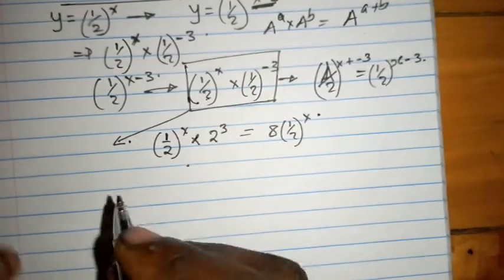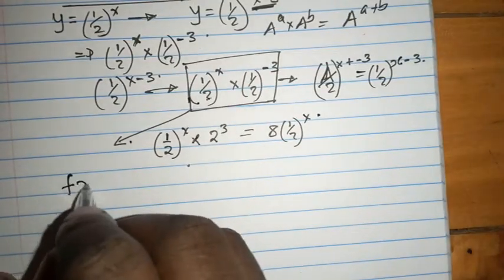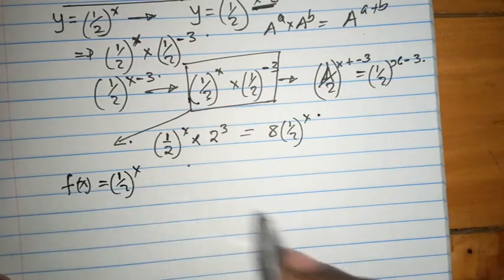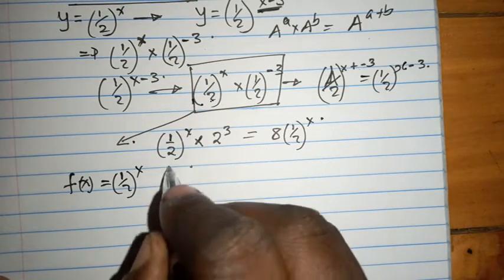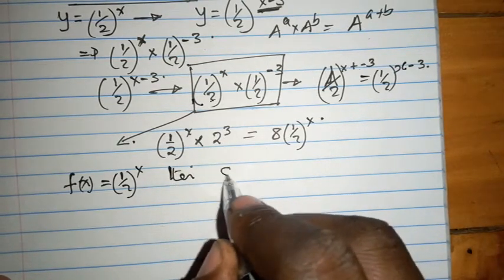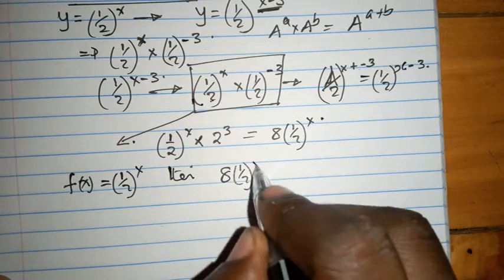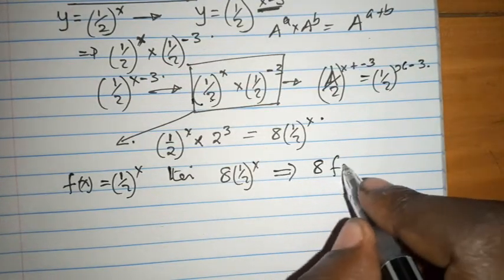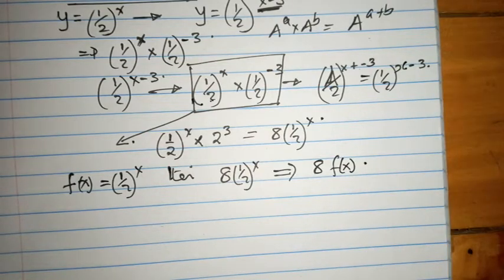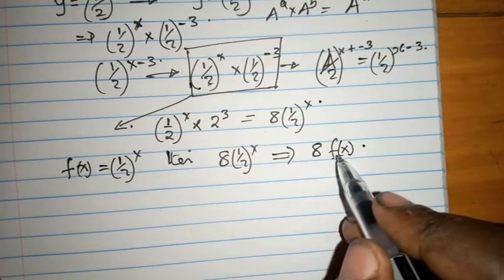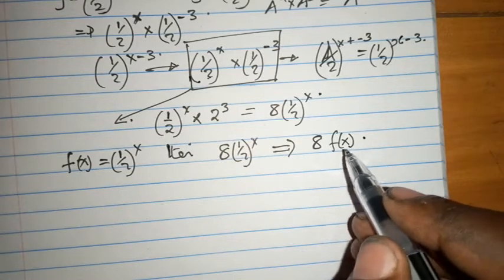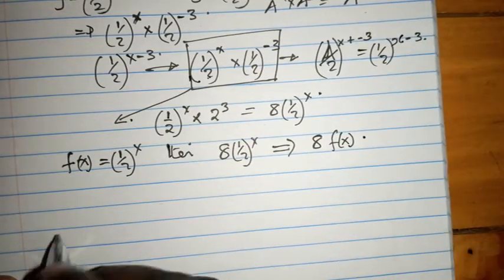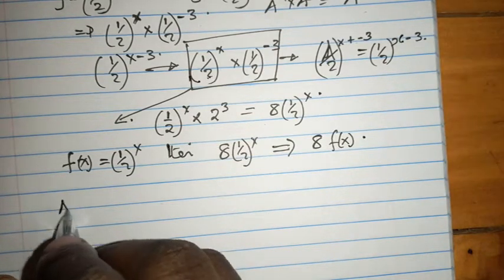And if f(x) was supposed to be a half x, then 8 times a half to the x happens to be 8f(x). And as you can see, this is again multiplication outside according to the mnemonic. Let me just bring its mnemonic here.